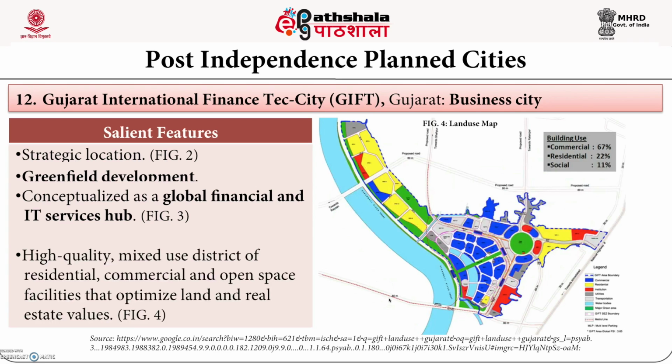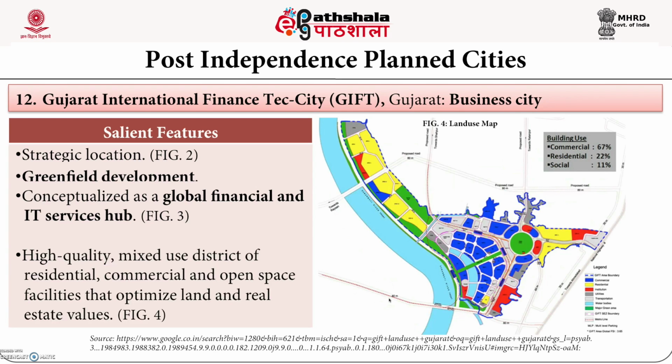So we have this land use map where we have the residential areas, more or less linear along the river, and then depending upon the land availability, the shape of the city has come. And there are commercial buildings, and as you can see the percentage given here, the residential buildings, the commercial buildings, and the buildings which are used for social.